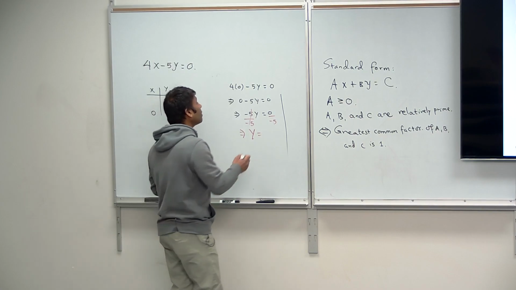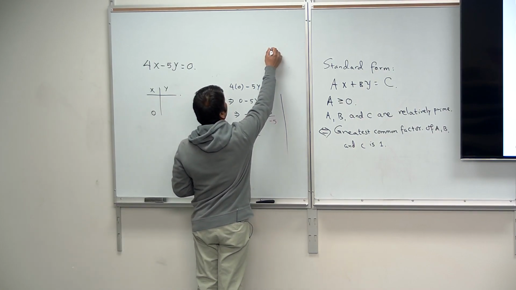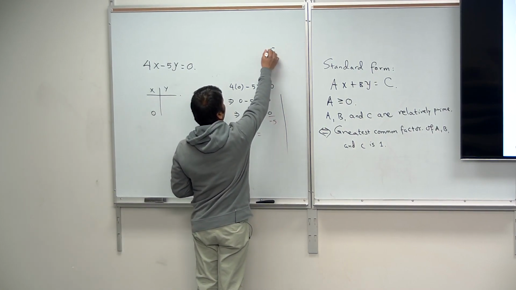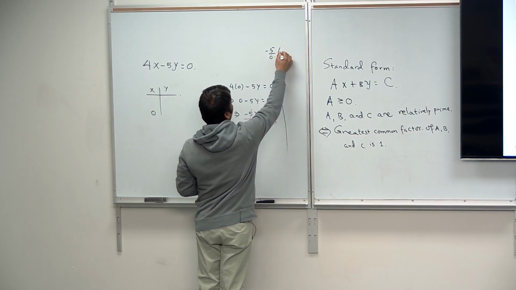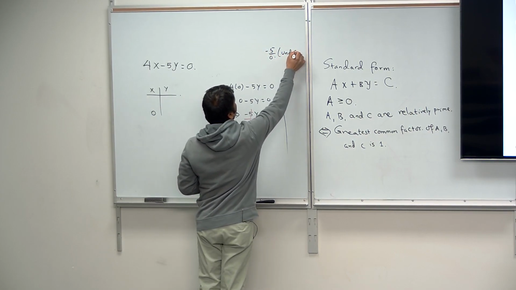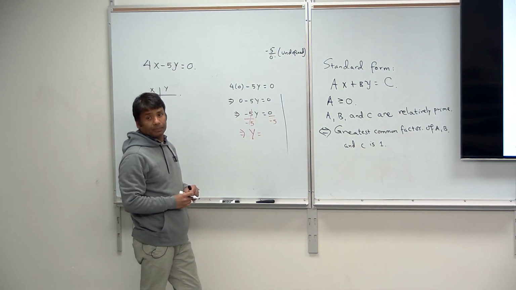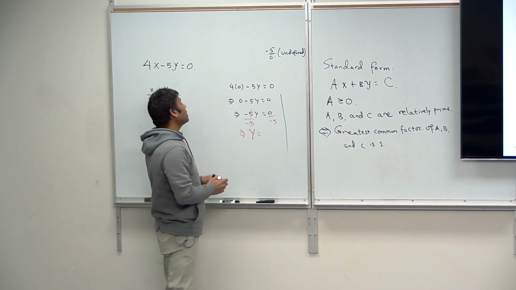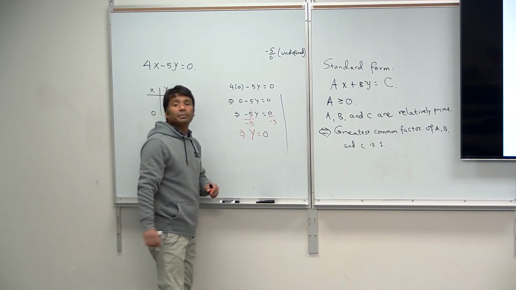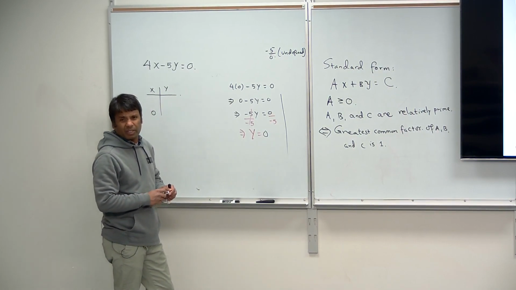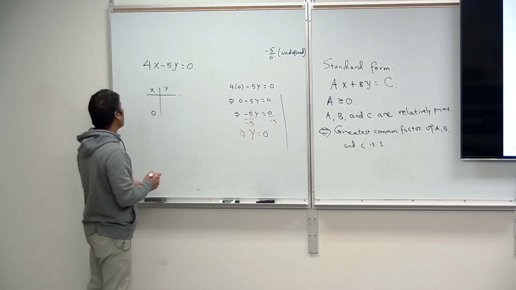You will have undefined if you have 5 over 0 or negative 5 over 0. Division by 0 is not allowed. But 0 over negative 5 is what? 0. Makes sense, right? So now this is 0.